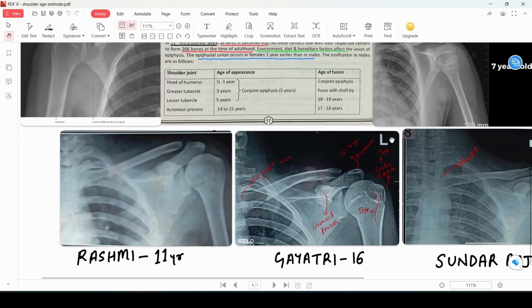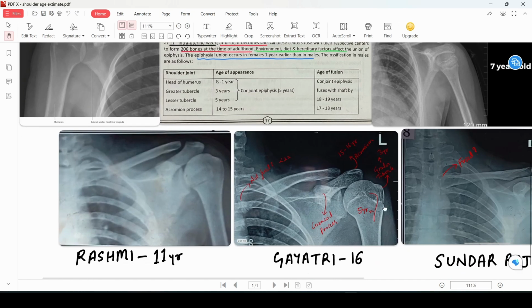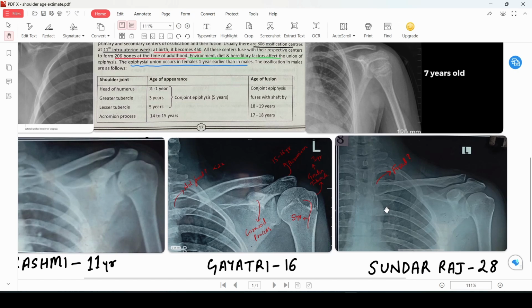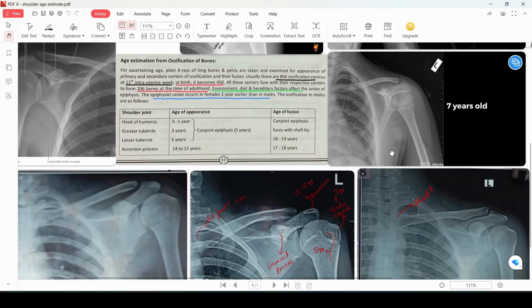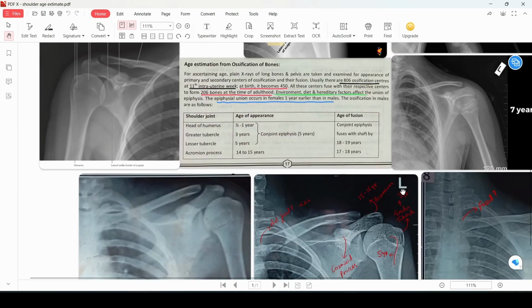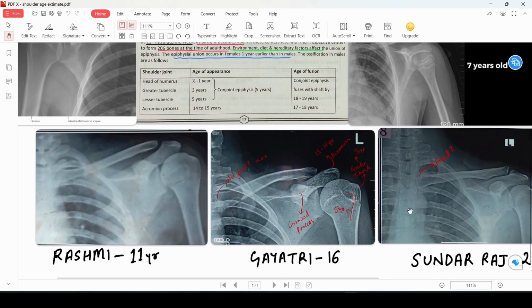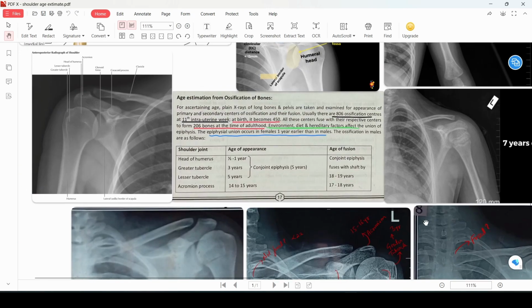And if you have a doubt why bones ossify at random ages or random timelines, that's because the first bones to get ossified in the body are the weight bearing bones, like the long bones, the leg bones, the limb bones, which have a pivotal role in weight bearing.